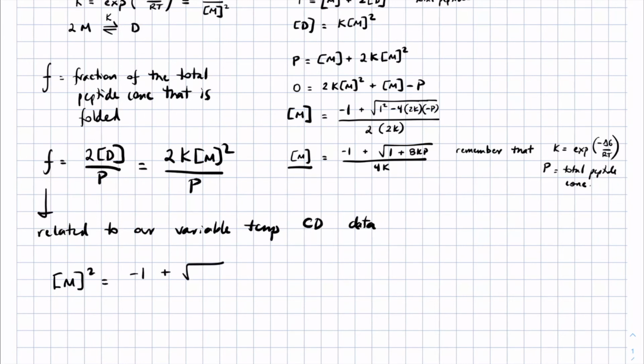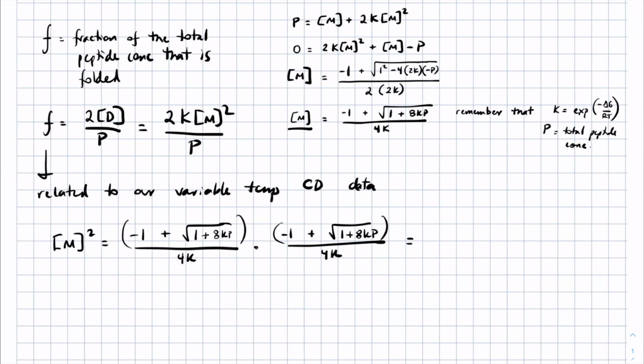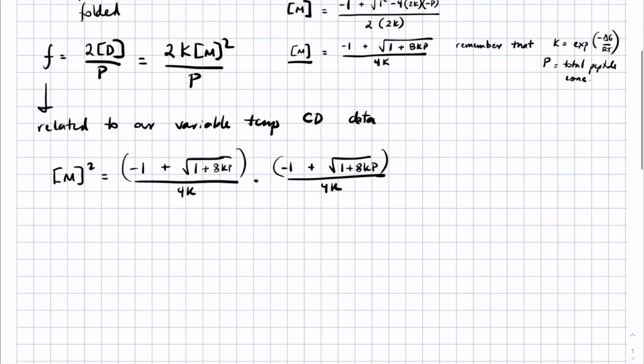Minus 1 plus the square root of 1 plus 8kp, divided by 4k, times minus 1 plus the square root of 1 plus 8kp, divided by 4k. That should equal, maybe I'll do it down here so I don't run out of space. Let's see, 16.